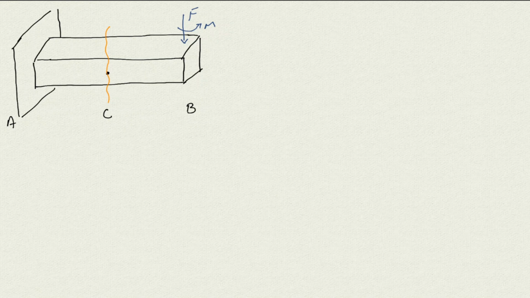So assume this is what I'm going to get for that cross section. This is point A and this is point C, and then I'm going to put the axes there.